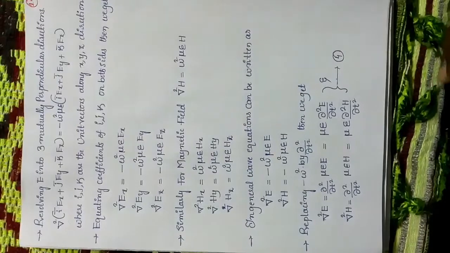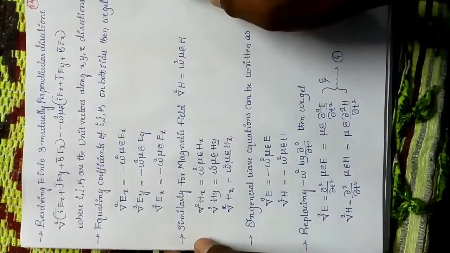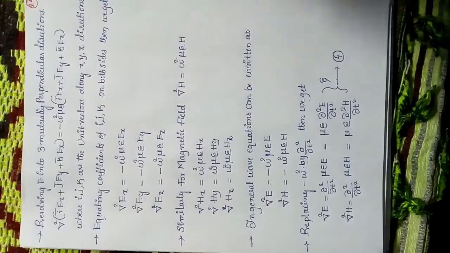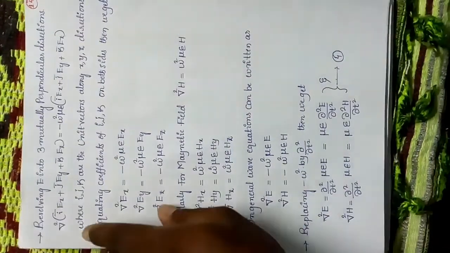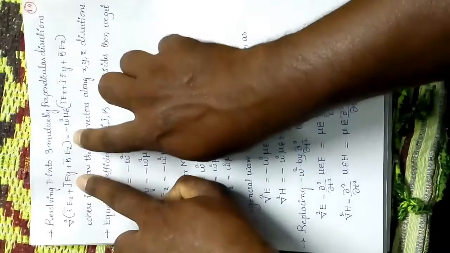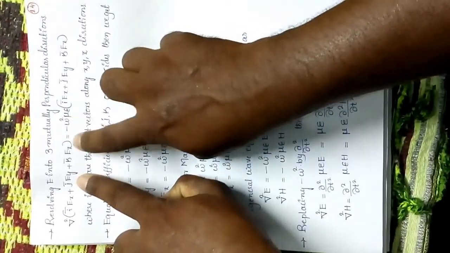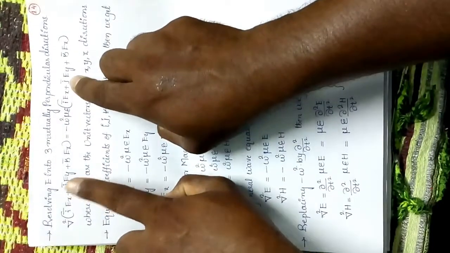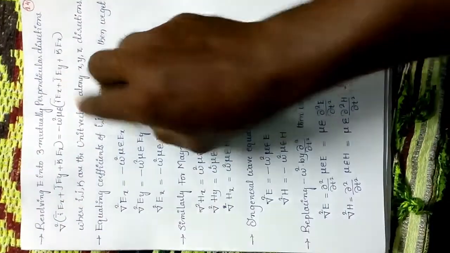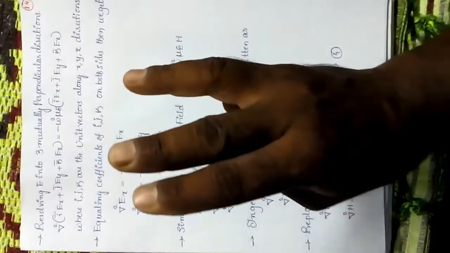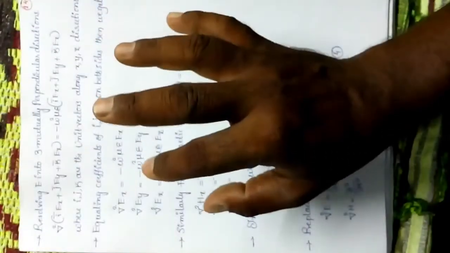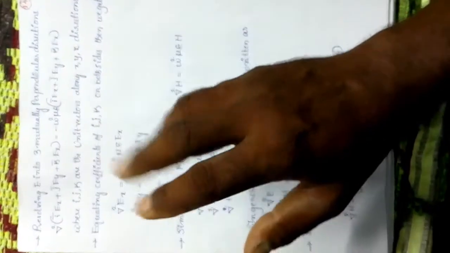Next, resolving the above equation, capital E, into 3 mutually perpendicular directions. That means del square E is equal to minus omega square mu epsilon into E. Wherever E is there, just write it in 3 dimensions, 3 mutually perpendicular directions. That means I, J, K, or simply you can take A, B, C, any notation.